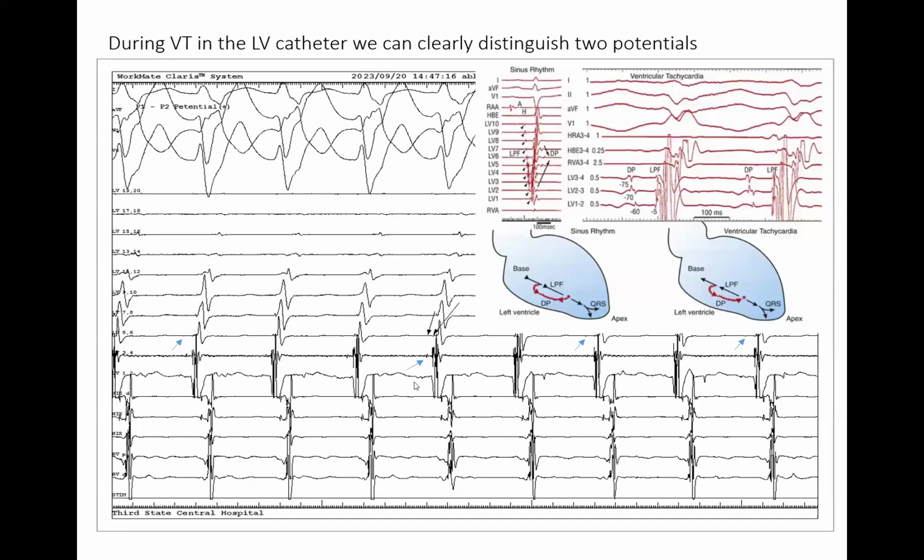And here is our His potential. So there are two potentials from the left ventricular side. Although it's very small, you can see there is a potential here and here. We thought that this is our diastolic potential, and we call it the P1 potential.